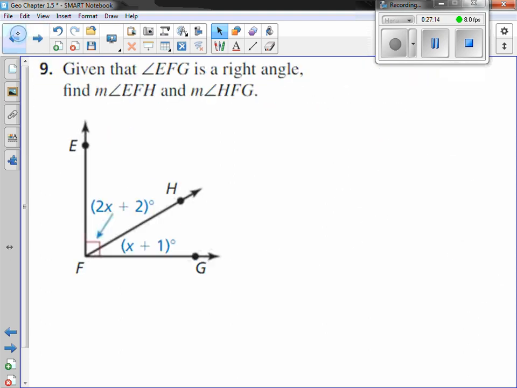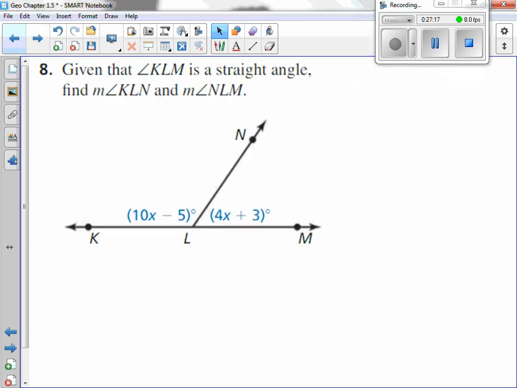Okay. Do we need to see another example of this? No, we're good with this here? Yes? Okay. If we're good with this, we'll move on, because for this one, what would we set it equal to? I just want to make sure we have that.